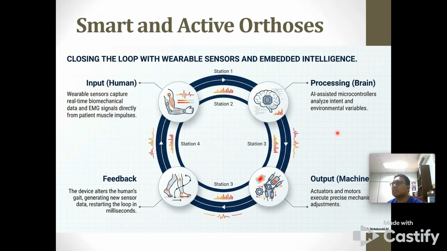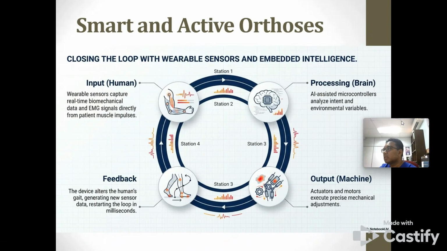Okay, so coming to the smart and active Autosys device, basically this is the loop. From the human, you can wear a sensor to measure your activities. Then the signal is sent to the controller, basically the brain. The controller determines how much counter reaction force is needed to support the motion, and of course outputs to the actuator itself to do the counter reaction or correction, and finally you can feel the feedback.